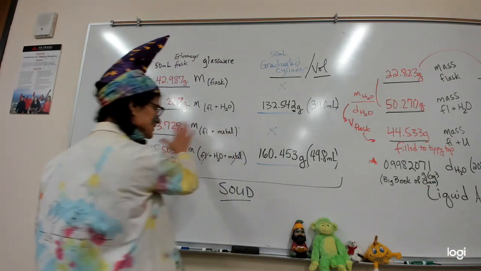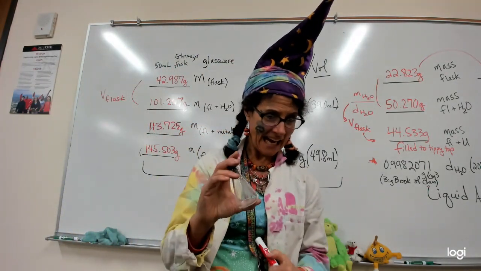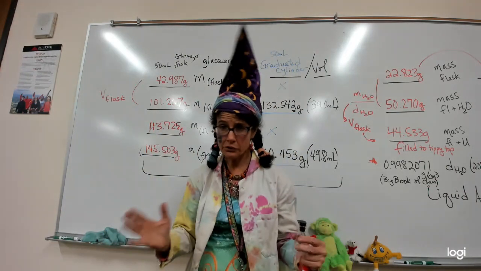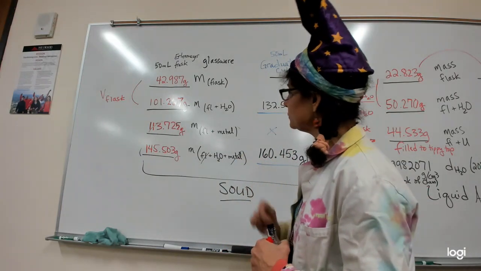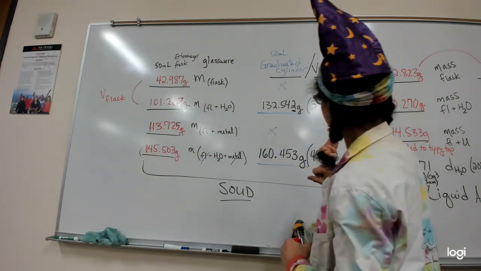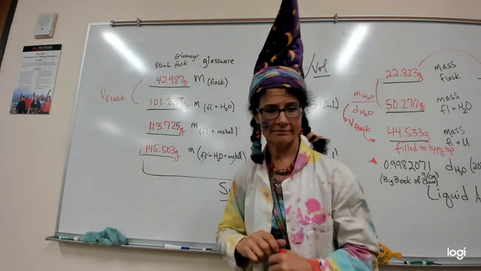Because by subtraction, we can figure out how much water is added to the metal. Subtract that out from the total volume, we'll know the volume of the metal. You have to walk through the math, and you're going to label your steps carefully. You can do abbreviations, M for mass, FL for flask, H2O for water.